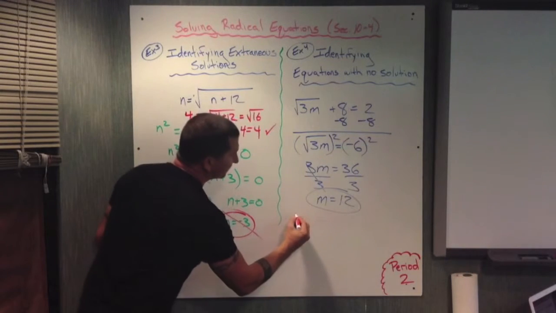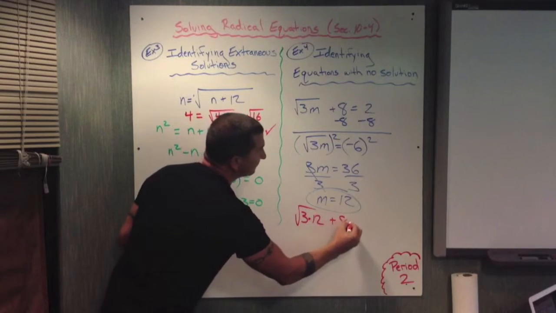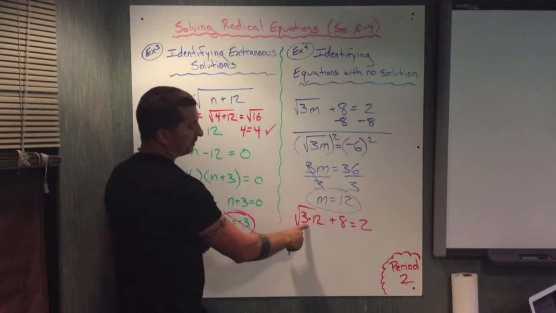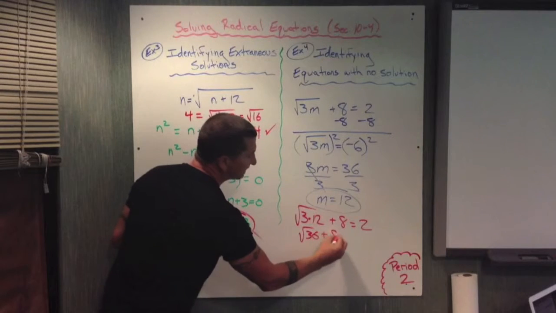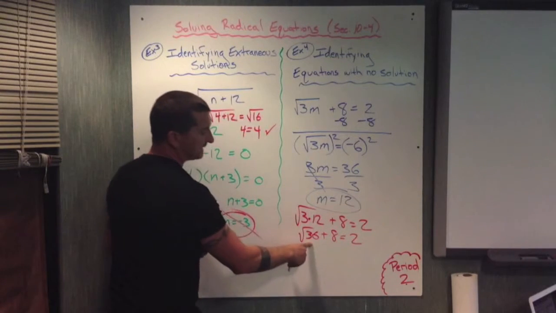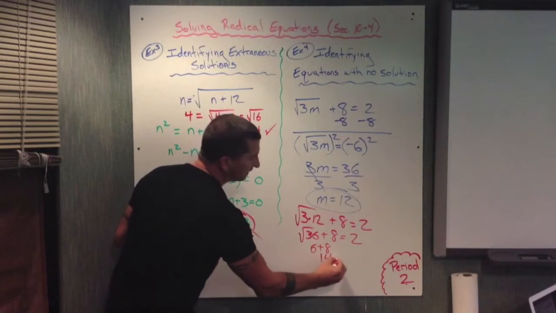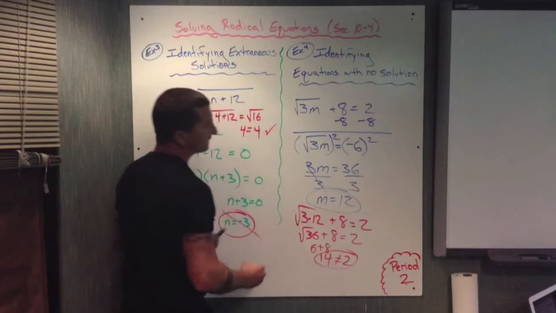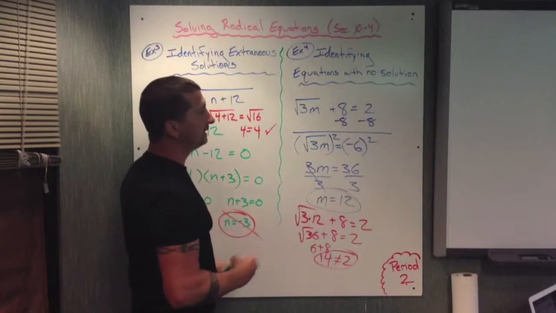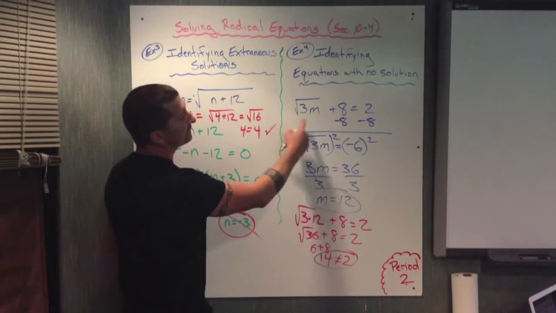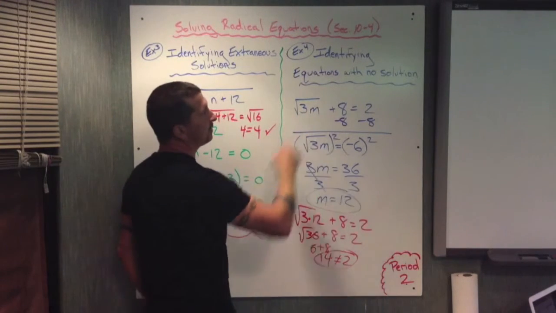You would get the square root of 3 times 12 plus 8 equals 2. 3 times 12 is 36, the square root of 36 is 6, plus 8 is 14. 14 does not equal 2. So this is an extraneous solution. Since that's our only solution, there are no solutions to this problem. There is no number that we can substitute in for m to make this equation true.